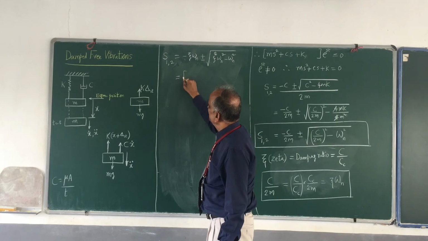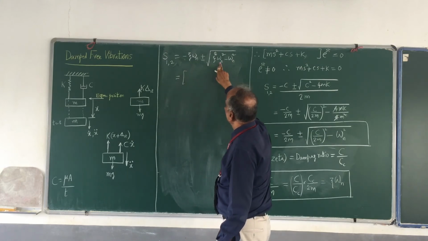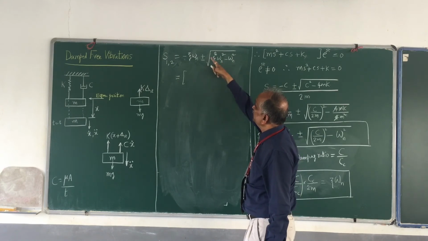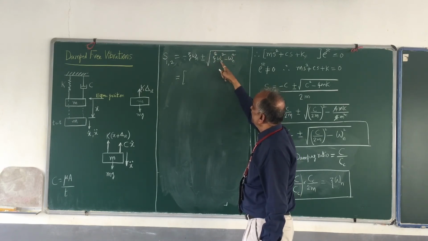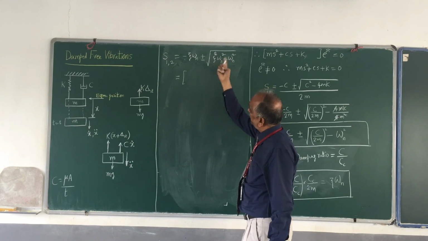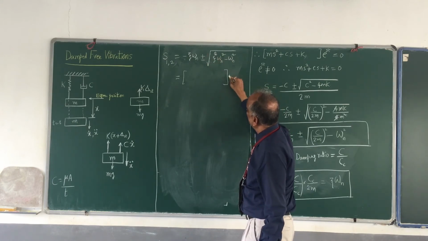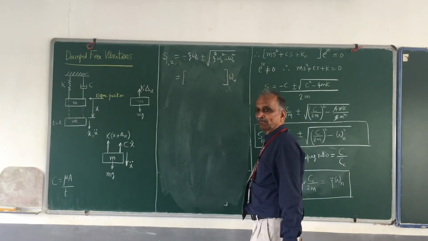So this I can further simplify. Here I have omega n, here I have omega n, here also I have omega n. So within this square root I take omega n square outside, and it becomes omega n. So I can write omega n here.